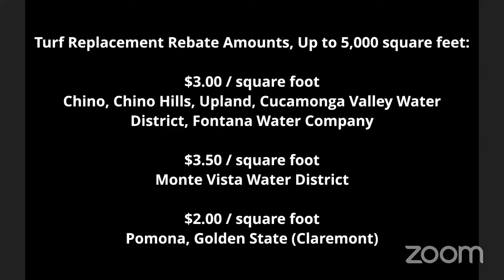And their fiscal year is basically from July 1 through June 30th. So you can, for example, do your front yard one year, your backyard the next year, and that's just fine. And it's at least 250 square feet, unless you have a really tiny yard and the whole yard is less than 250 square feet, up to 5,000 square feet.